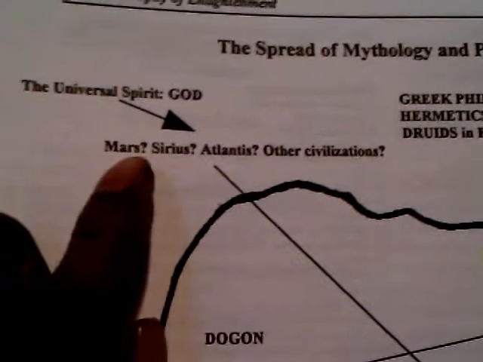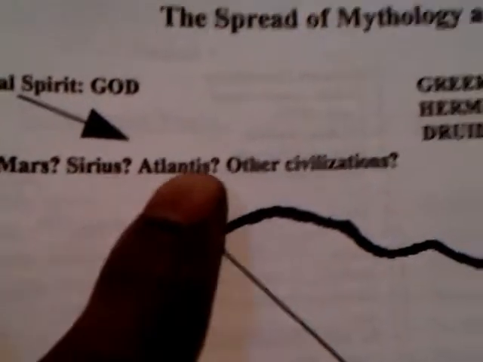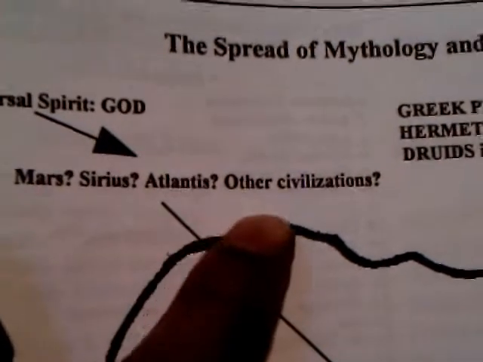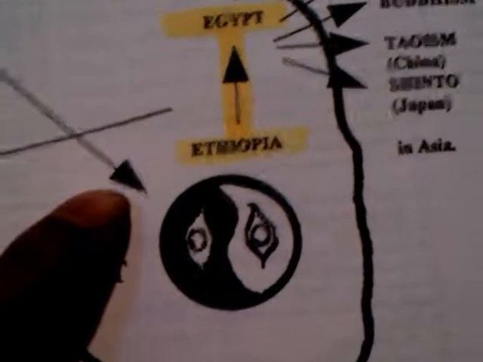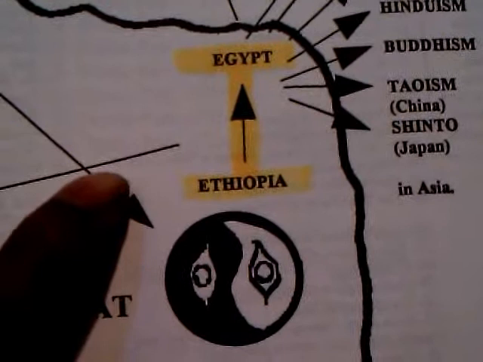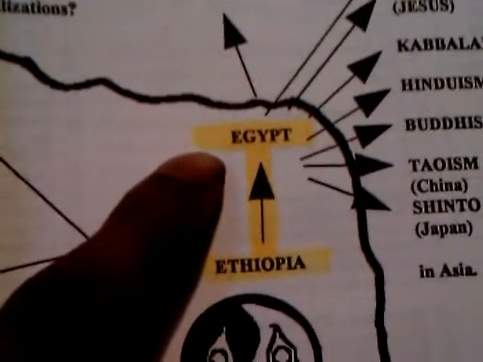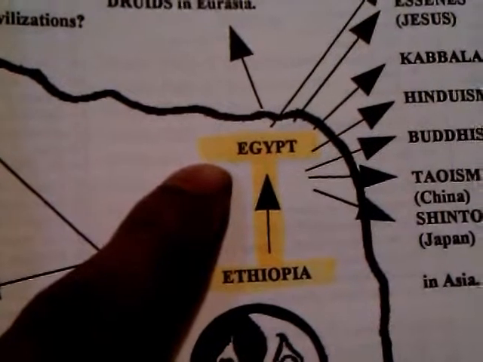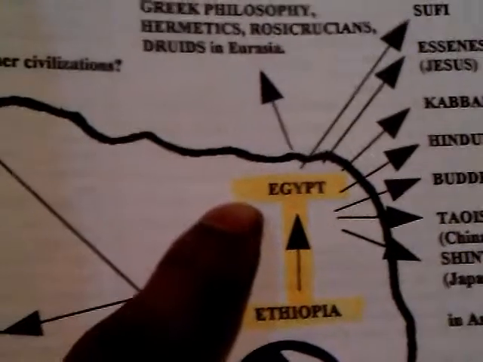Some make a link that this has a Mars, a Sirius, some say Atlantis, or some other civilization they say birthed it. You understand? Birthed the culture that we have in Ethiopia and ancient Ethiopia, what we call Ethiopic, or in ancient Egypt, what we call either Kemet or Smai Tawi or Tarseti, so forth and so on.